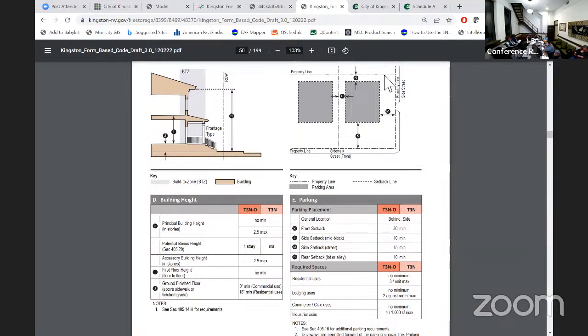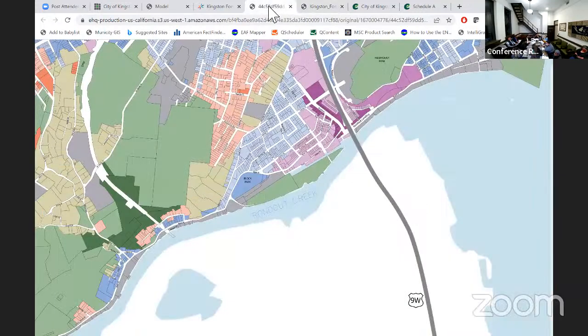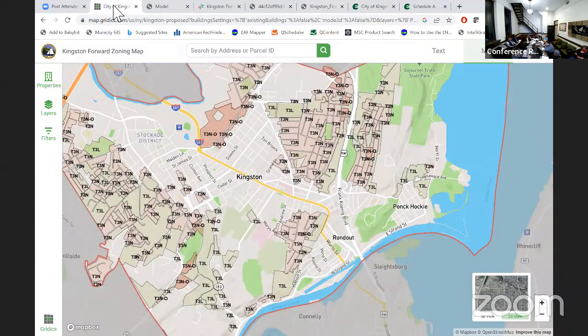Look at the zoning map, or the regulating plan, I should say. I'm just looking at small multiplex in T3 neighborhood. I don't know of any lots in my neighborhood that could even support a small multiplex. They're not big lots, they're 50 feet wide.